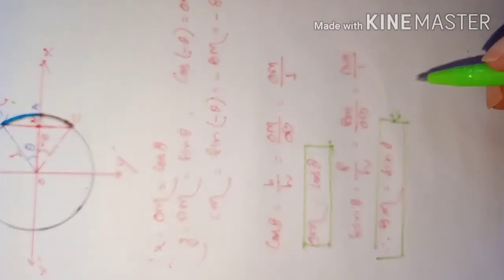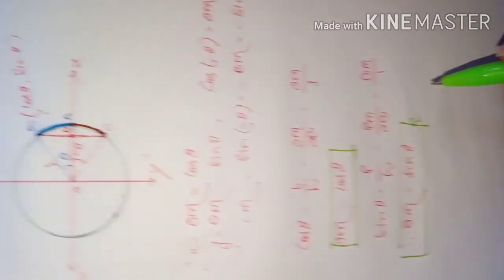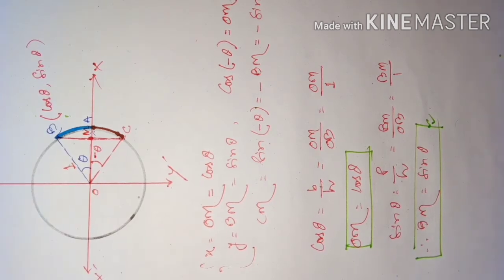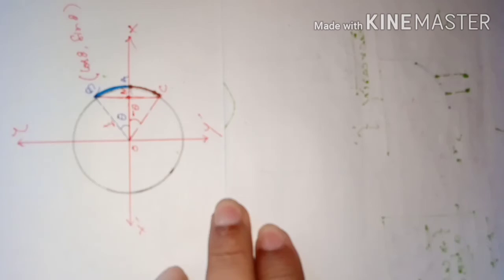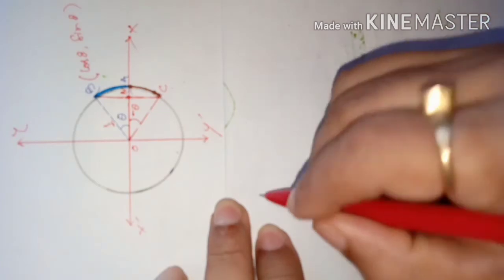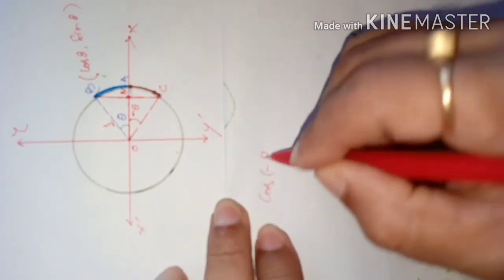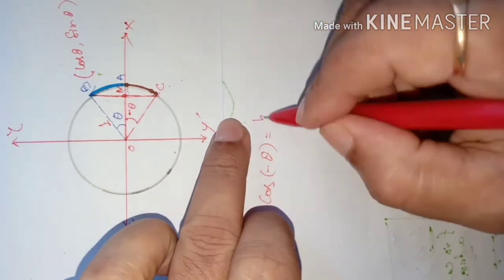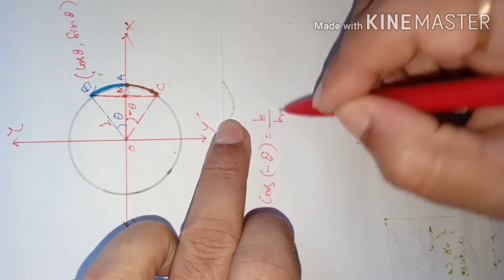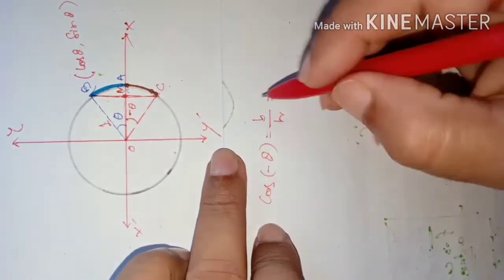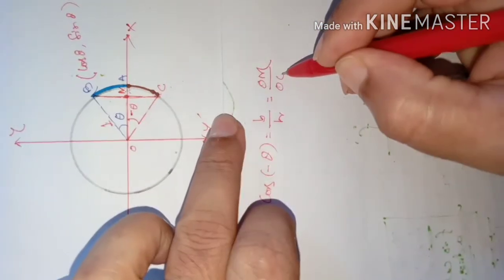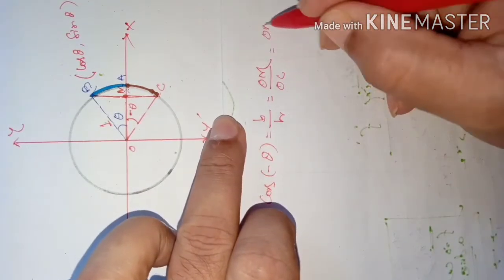Now dear students, if we write the trigonometric functions once again with respect to angle minus theta, it will be like this. Cos of minus theta is base by hypotenuse, that is, base is OM again and hypotenuse is OC, and OC is 1 only, so OM by 1.